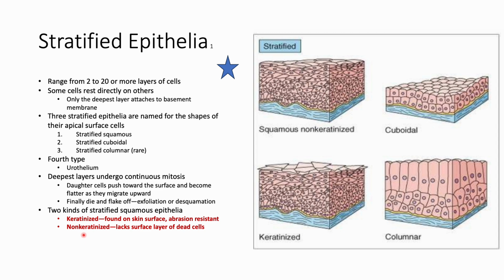So think of your skin. Your skin is made up of stratified squamous epithelium. We also learned that this epithelium is avascular, so it gets its blood supply from the connective tissue it sits on. As these cells migrate up and are pushed towards the surface, they get further away from the blood supply.